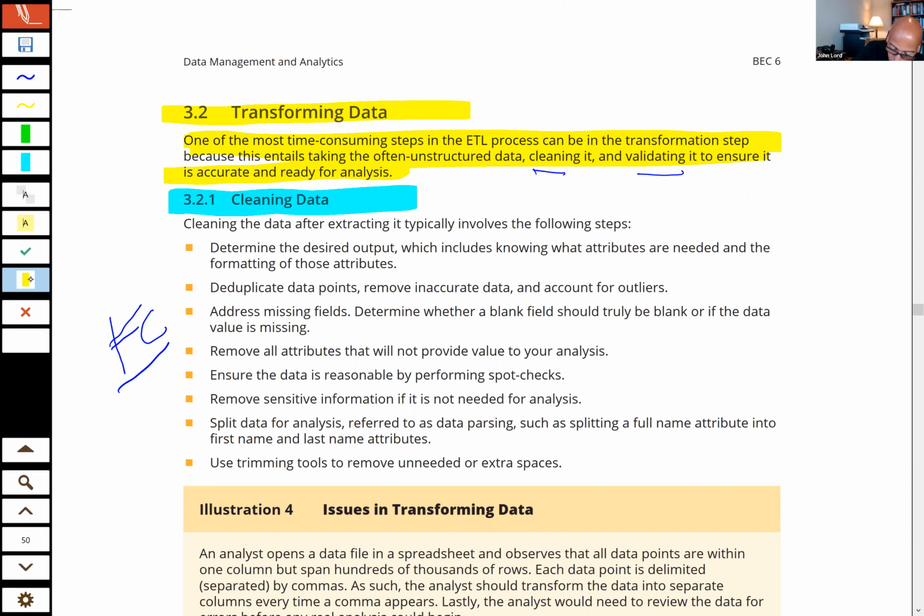Okay, so first off, the following steps: knowing what attributes are needed and formatting those attributes. If there are duplicate data points, you're going to want to remove those. Address missing fields, something that is blank. That's something that comes up sometimes.